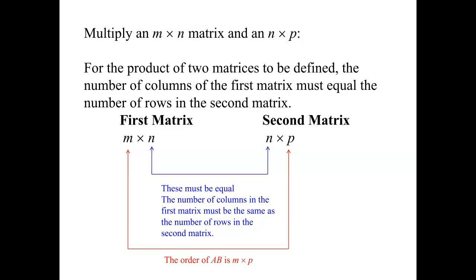So, a couple things. One, we look at the columns of the first and the rows of the second. That tells us, can we multiply them? If they're the same, then yes, we can multiply them. And then, the rows of the first, followed by the columns of the second, tells us what the order of our product will be. Now it tells us how big our matrix is going to be. So most of the time, unless we have square matrices being multiplied, we're not going to end up with the same order in our product as our factors.